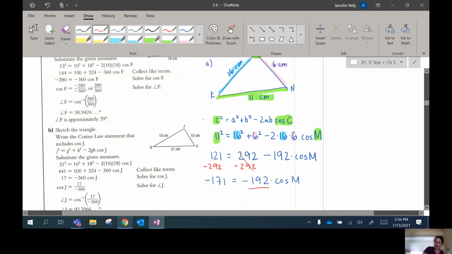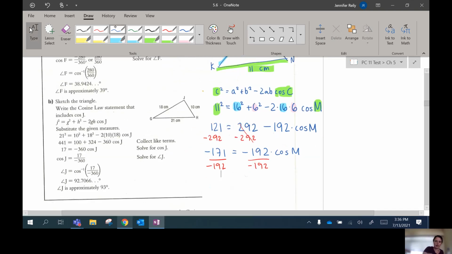And then I can divide by negative 192. And so I'll have, cancel that out. So on that side, I'll have cos M. And on this side, I'll have 0.890625. And to find out what the angle M is, I'm going to need to use the inverse cosine.